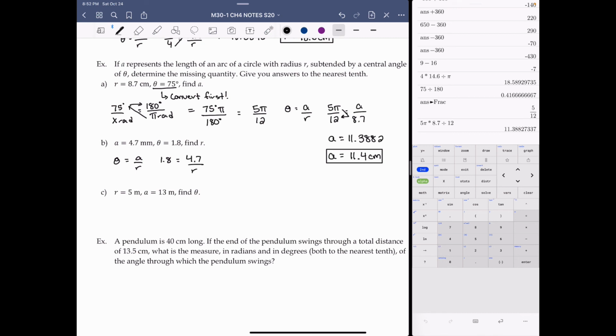I can put a 1 underneath here and then cross multiply and divide. 1 times 4.7 is 4.7, then divided by 1.8 gives us 2.6111. Then r equals 2.6 rounded to the tenth, and the unit would be millimeters.